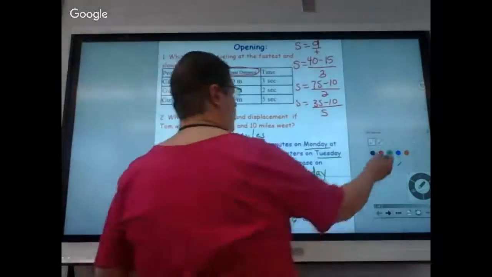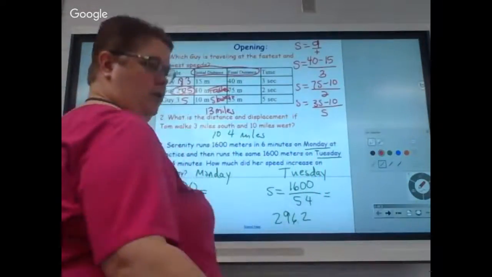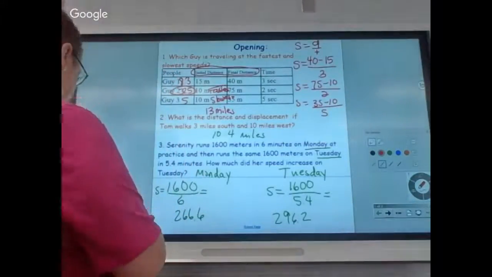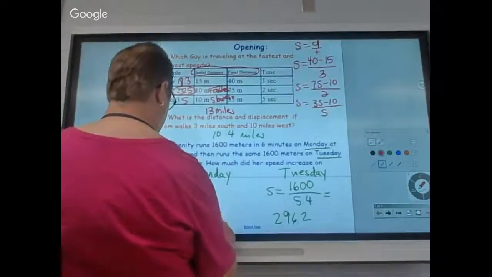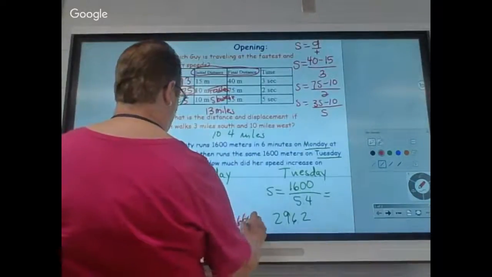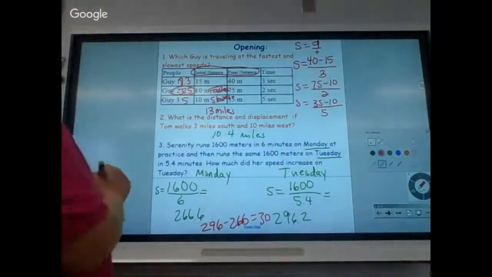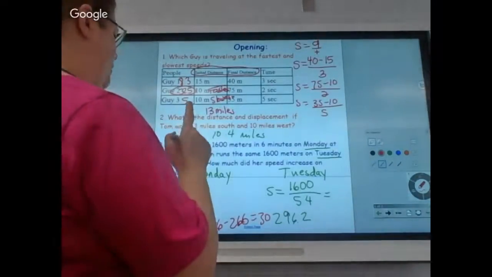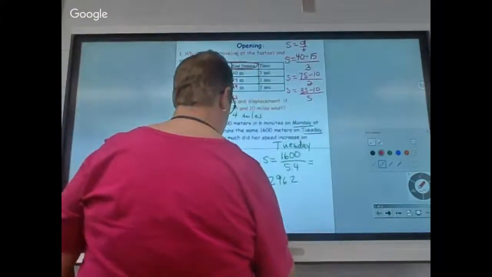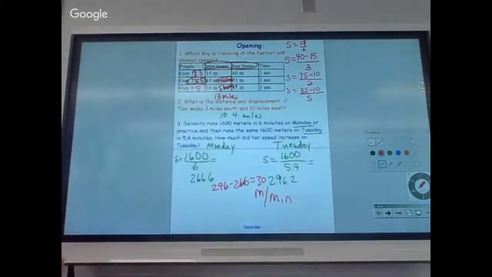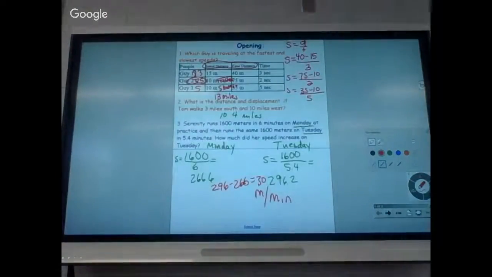So, now we can take what Grace said, and I'm just going to use the whole numbers. So, 296 subtract 266, and I get 30. Now, my units for that are what? I gave meters and minutes. So meters over minutes. Questions?